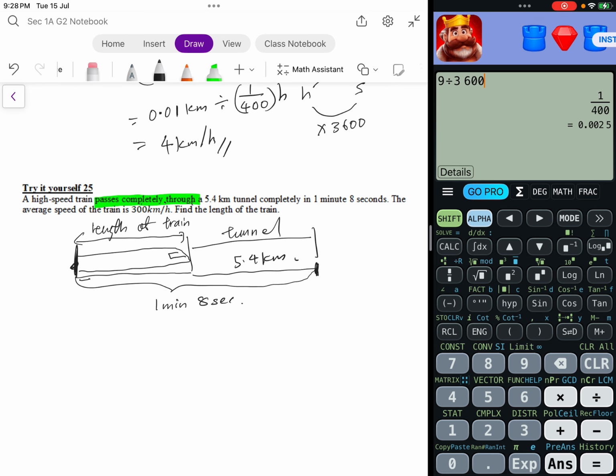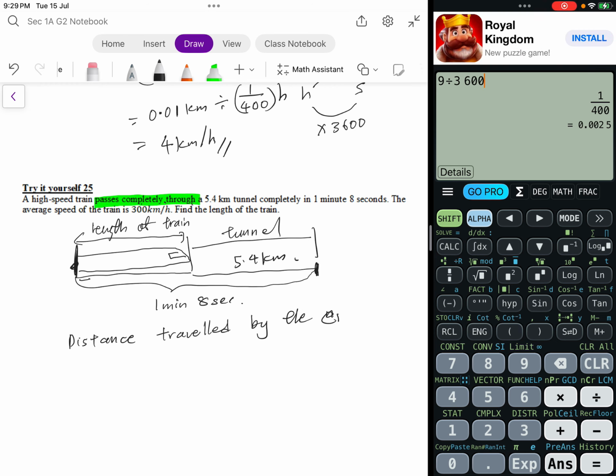Okay, so how do we find this whole distance? We find the distance traveled by the end of the train.